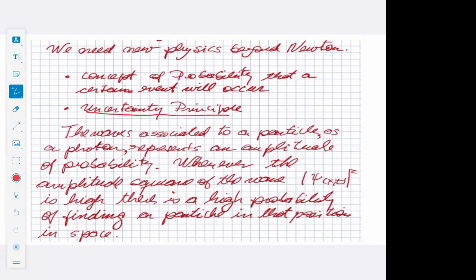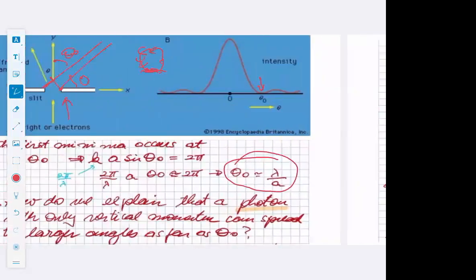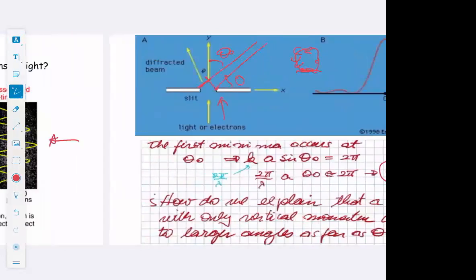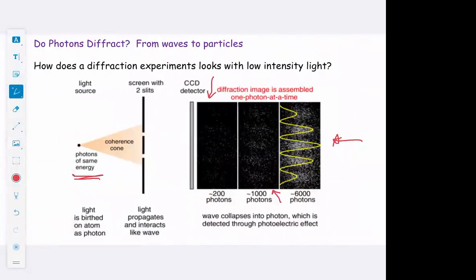We are going to use two concepts here. One is the concept of probability of occurrence of a certain event. For example, we can think of the particles. If we look at these images here, we can see that they start to pile up where they should be.